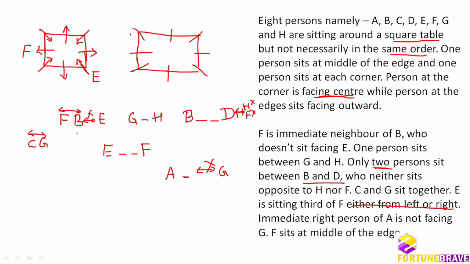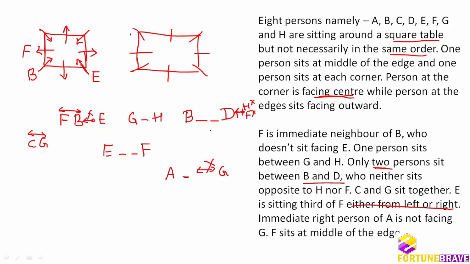Okay. And then F and B will be together. It will not be this side. So F and B will come this side. B and D, there are two places between them, who will not be facing. We do not know which side. Then G and H will have one person between them. So B and D we have to take somewhere.